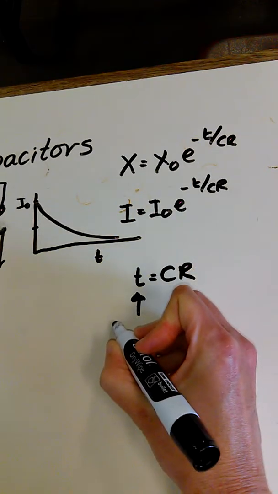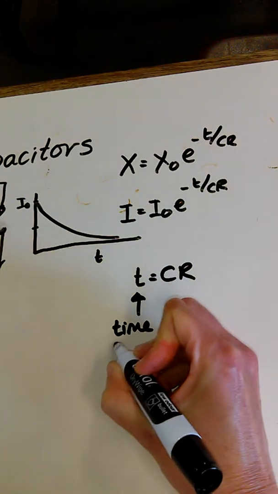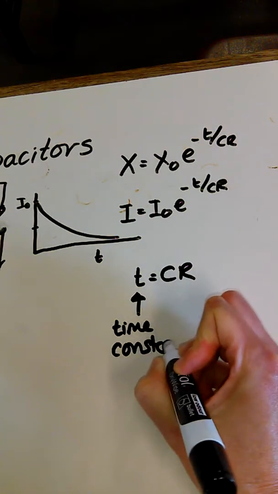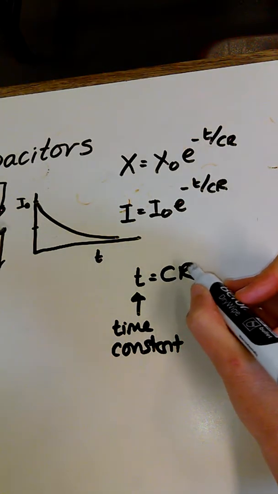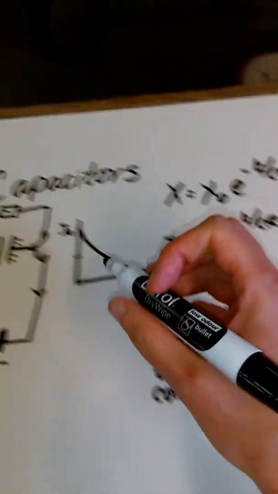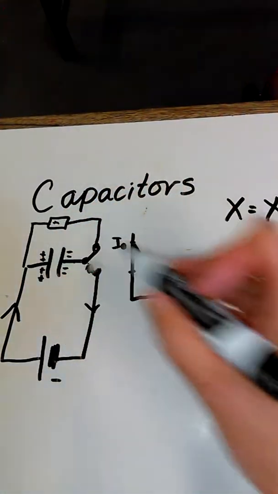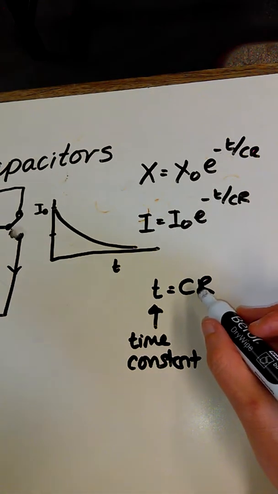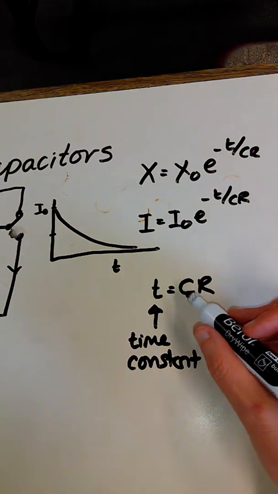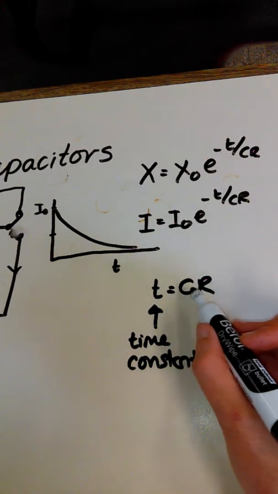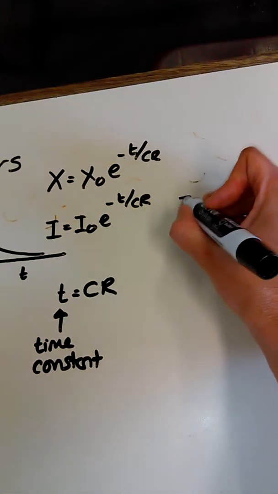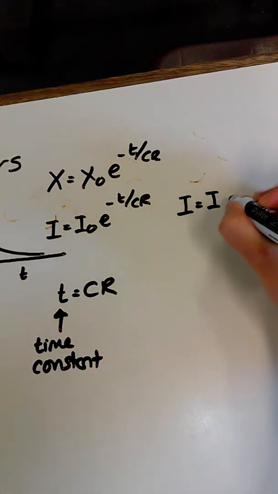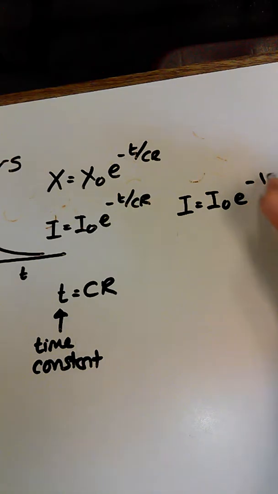This happens when T is equal to the time constant. So the time constant is the time at which T is equal to C times R. Now, R is the resistance of the circuit. C is the capacitance of the capacitor. Now, when you've got T is equal to CR, this equation here becomes I is equal to I0 e to the minus 1.